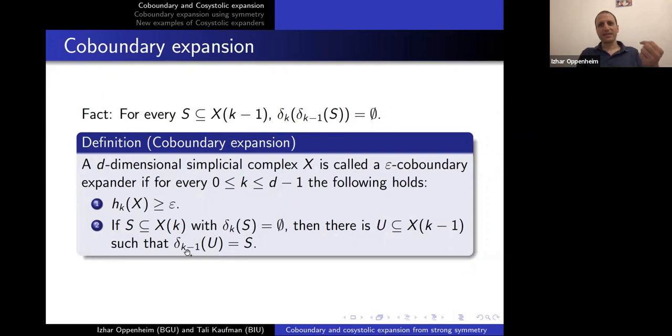The only sets of k simplices which give you empty cut sets are exactly those coming from 1 degree lower.